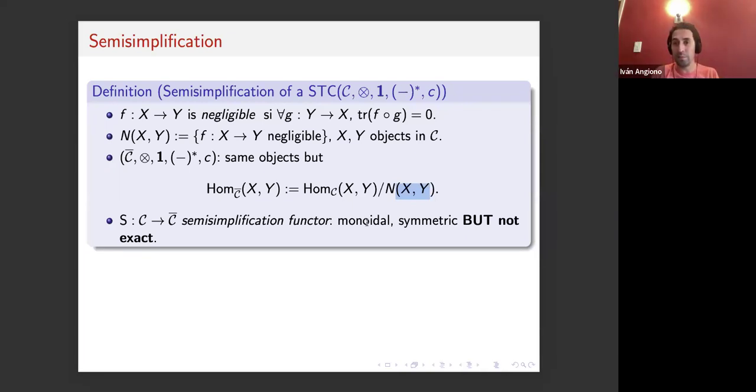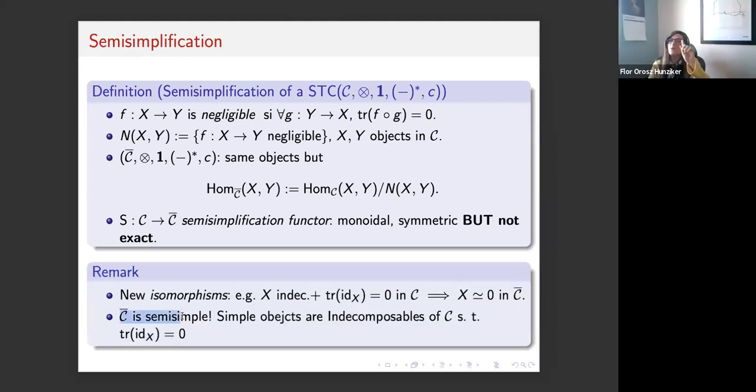How is the symmetry? You define it up and you move down. You do the same for every object. For example, the unit behind is the unit up, but you look at this object in the quotient. Essentially, this is what you do. And once you do this, you define this C bar, which is a symmetric tensor category, which is in addition semi-simple.